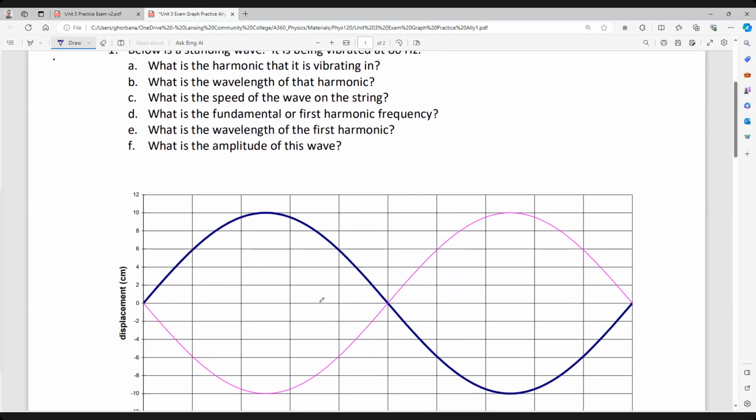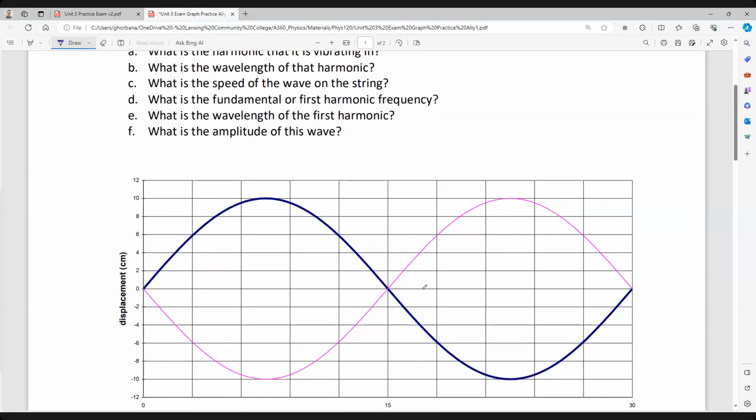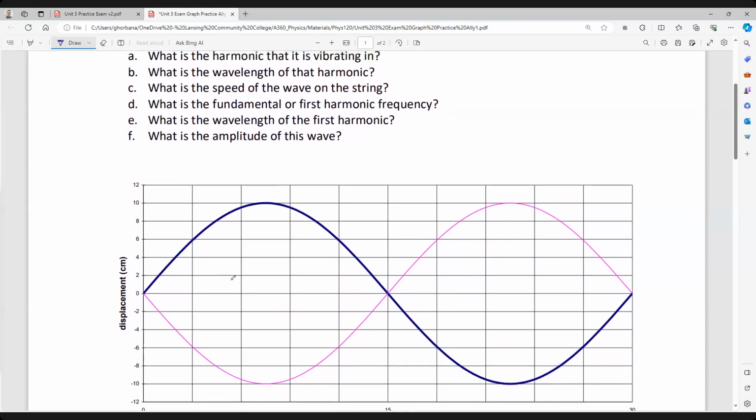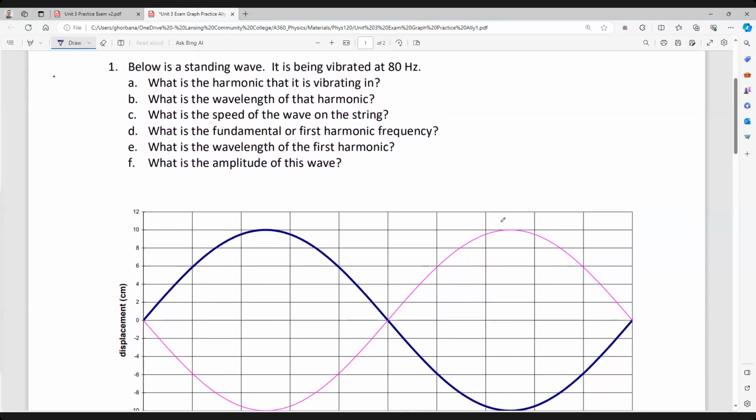This can create a standing wave with the first harmonic, second harmonic, third harmonic, fourth harmonic, and so on. Which harmonic is this one? It is a perfect second harmonic because there are two loops.